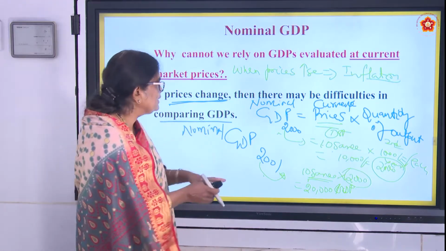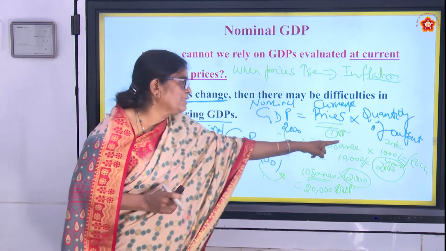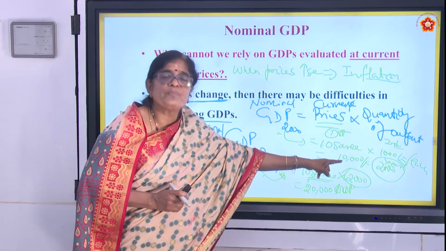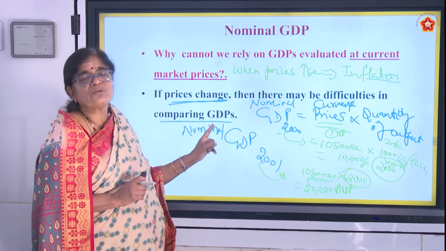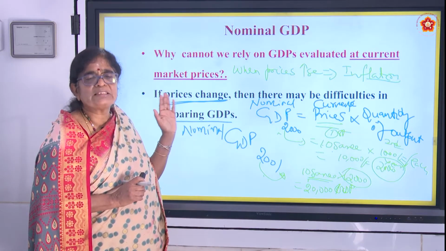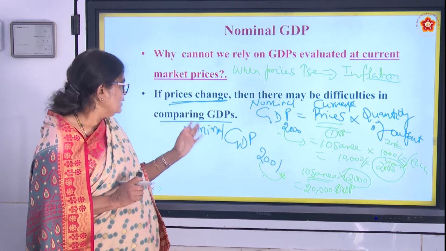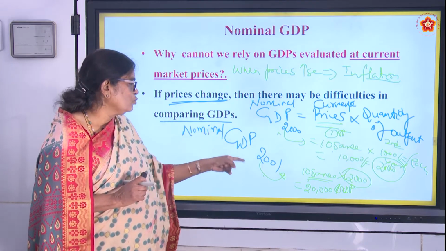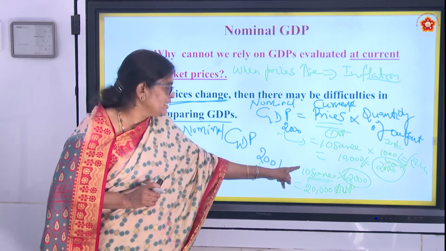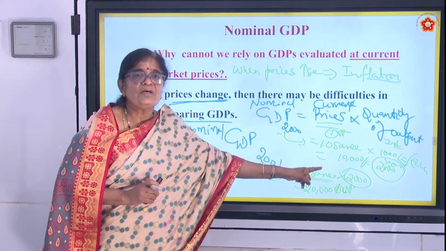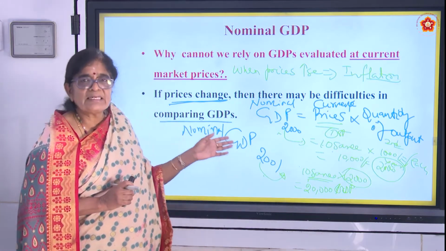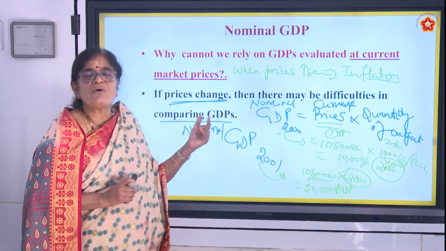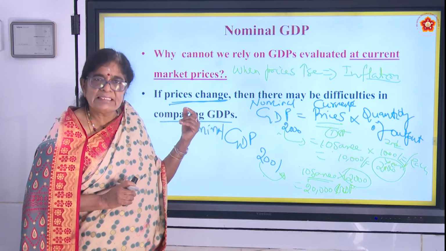Therefore, when we say GDP, 10 saris at the rate of 1000 rupees, 10,000 rupees in the year 2000, and in the year 2001, because nominal GDP means we just use prevailing prices, the same variety of 10 saris at 2,000 per sari is 20,000. Can we say the production has increased, GDP growth has increased?